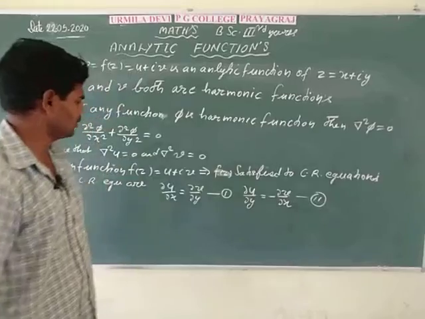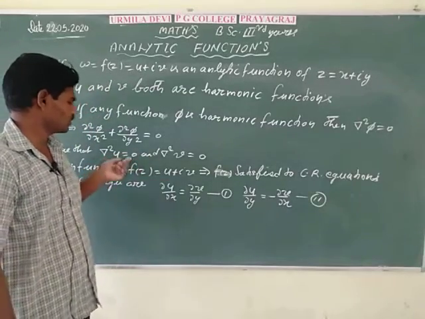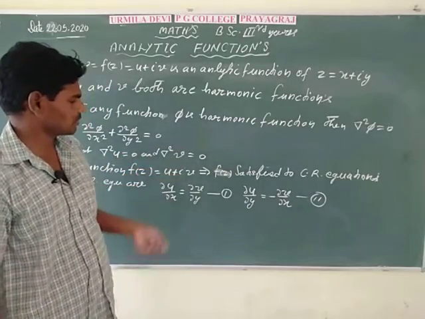Our purpose is to prove that del square u is equal to 0 and del square v is equal to 0.